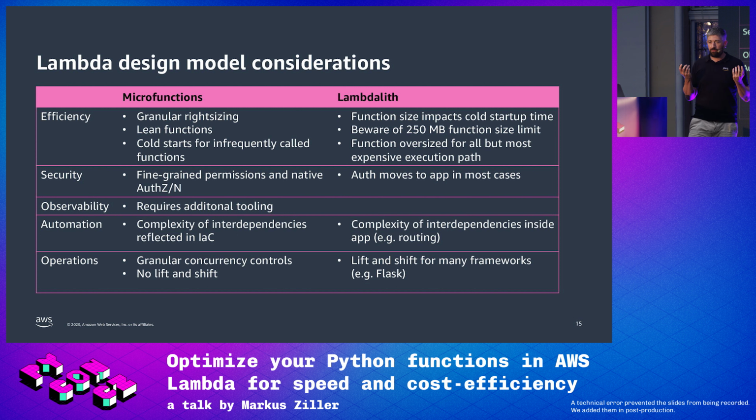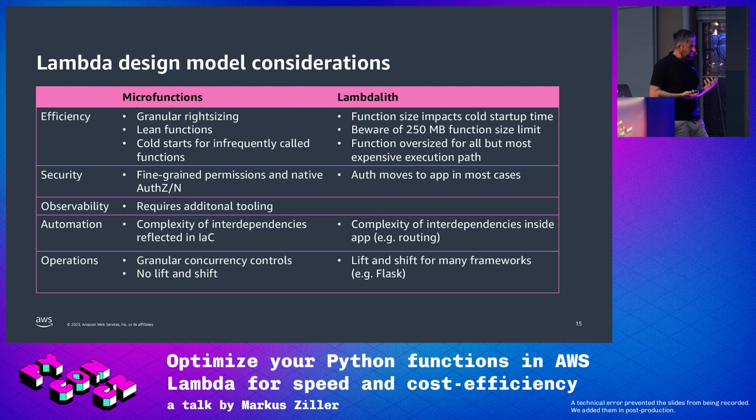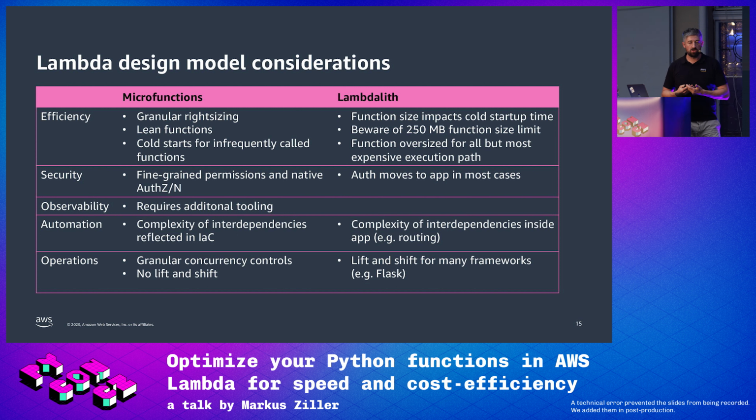While if you have just one function, those complexities move into the code, where the mechanisms to handle them are more established, like testing, dependency injection, such things. And lastly, if we talk about operations, you have more granular concurrency controls.